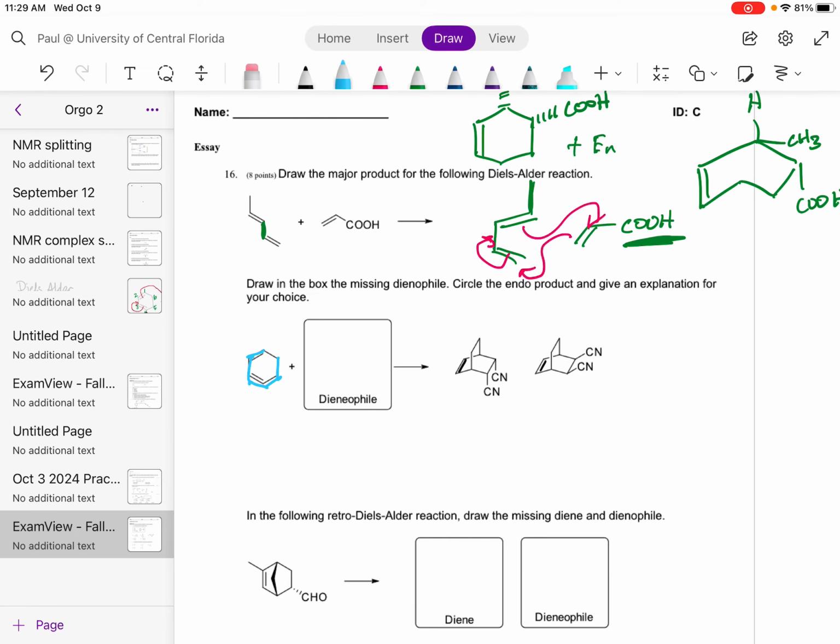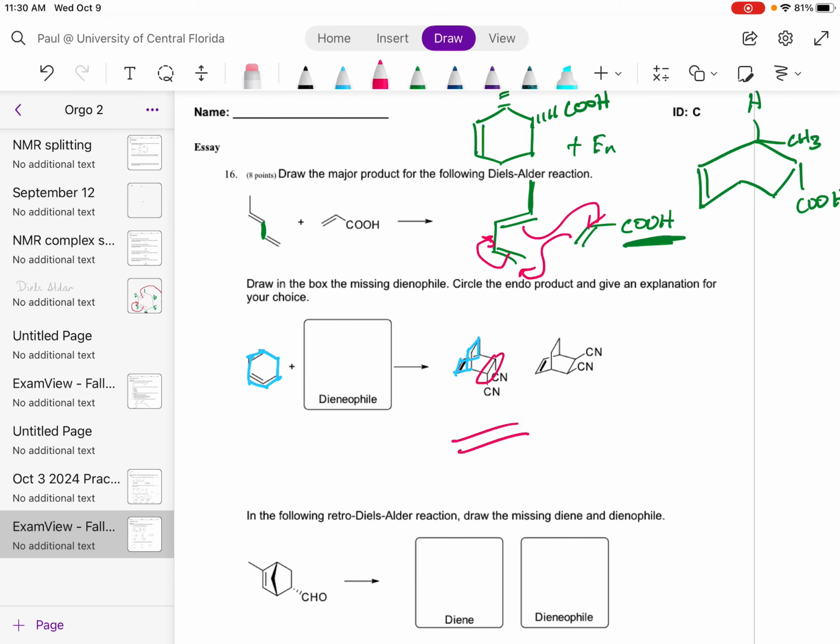This ring right there, that 6-membered ring, is this piece right there. So then all we're worried about is these 2 carbons right there. So that would have to be an alkene.